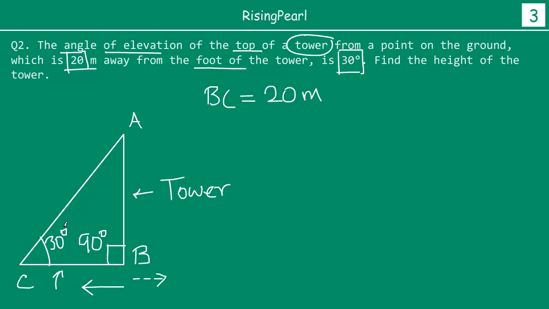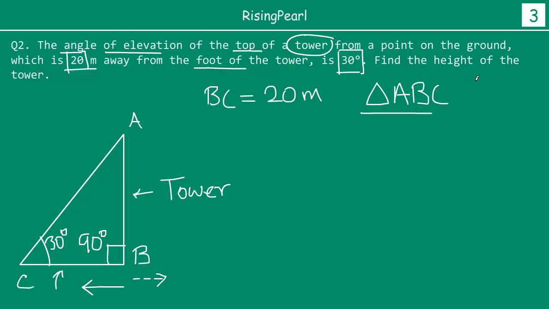Angle of elevation, we have looked at this in the last webisode. Whenever we are looking up, the angle made between the line of sight and the horizontal is the angle of elevation. So this is 30 degrees. Again, friends, we have a right triangle ABC.